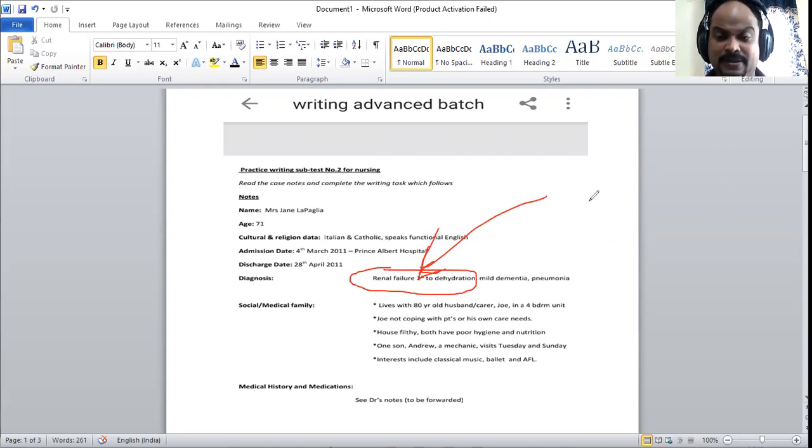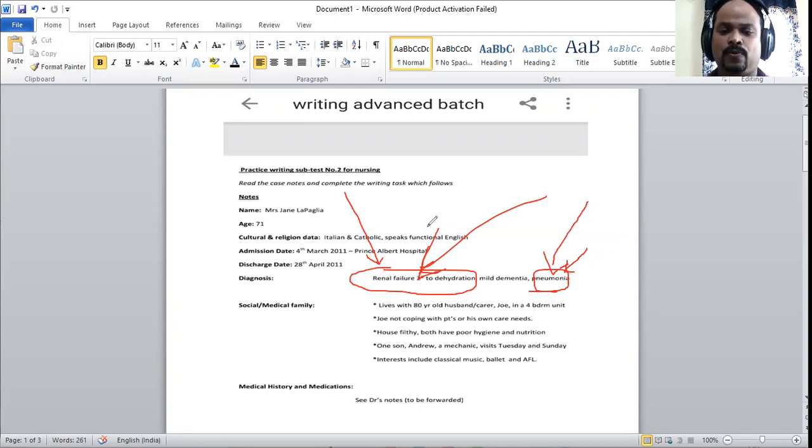You might ask whether she had pneumonia and whether we gave treatment for pneumonia. Of course, we have given treatment for pneumonia, but we need to understand that pneumonia is a condition which occurred during her hospital stay. It was hospital-acquired pneumonia. So she came with renal failure, she was there in our hospital, and later she was diagnosed with pneumonia.